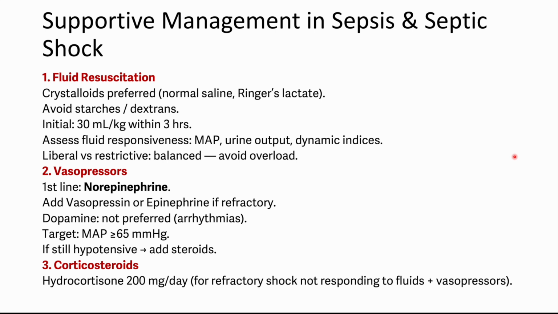Target MAP should be more than 65. If still low, add vasopressin or epinephrine. Dopamine is usually not preferred because it can cause arrhythmias. If still hypotensive, add steroids.